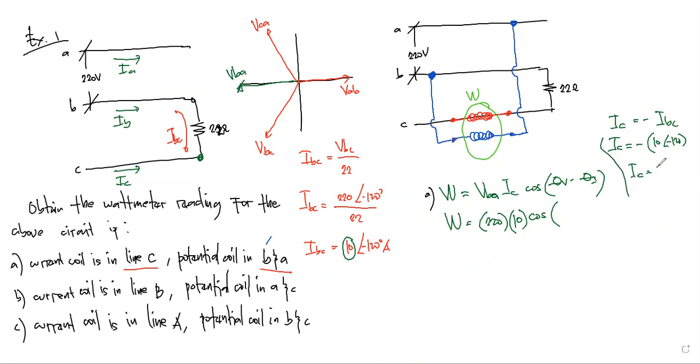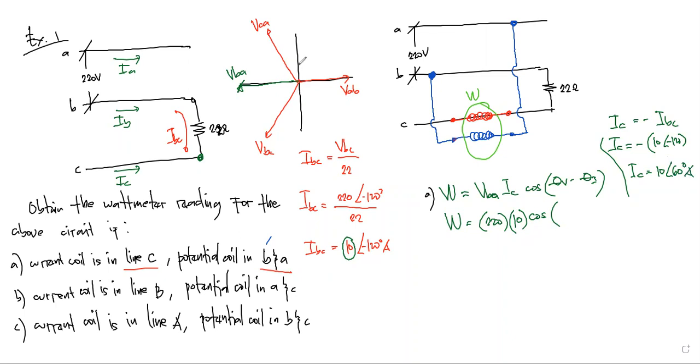You can input this directly in your calculator, just put the parenthesis sign: negative of 10 angle negative 120. You will be given 10 angle 60.